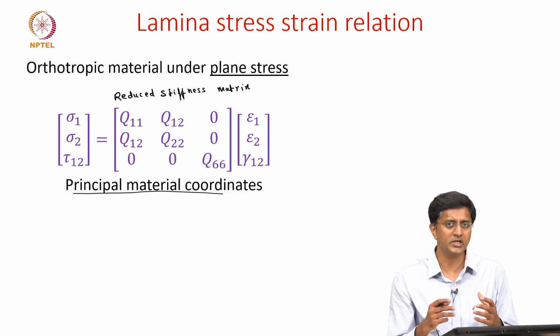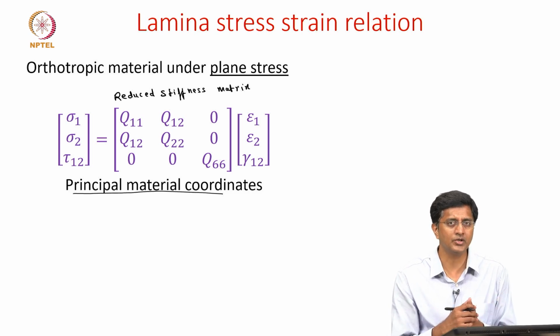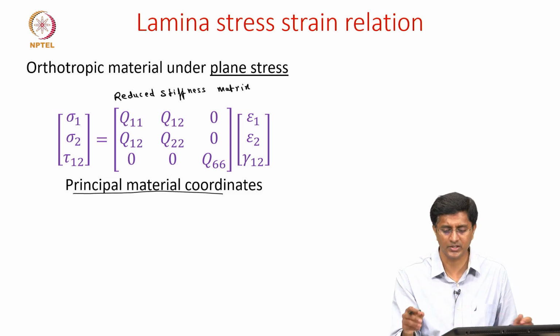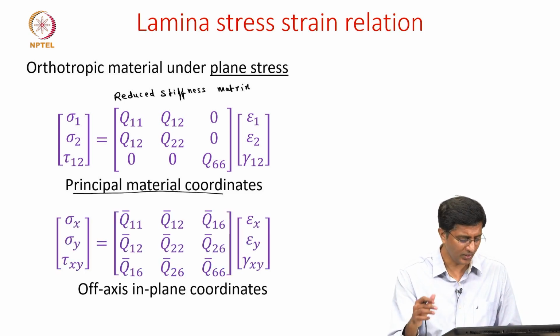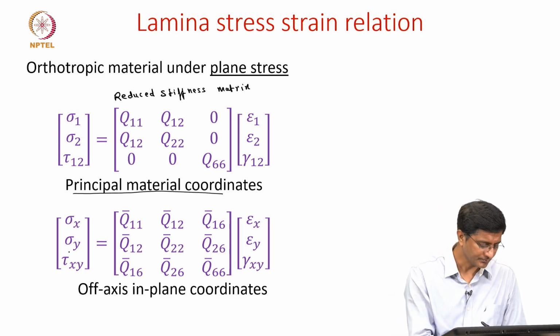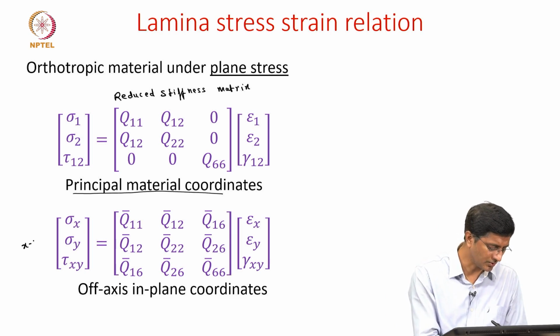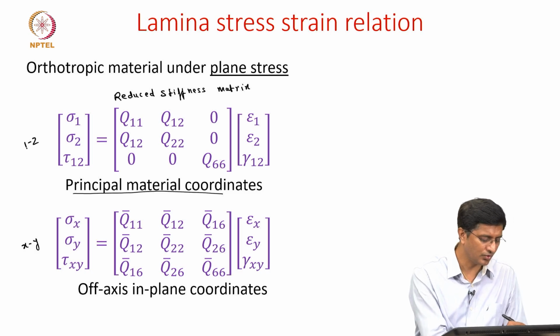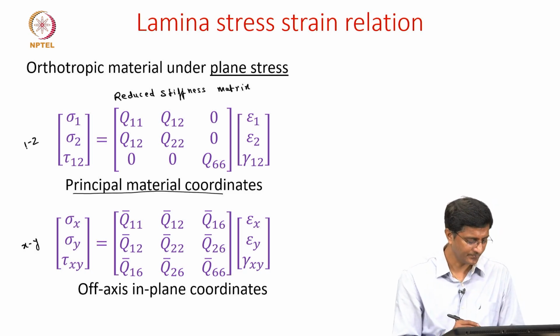But we see that more often it is not the case, meaning that there is an orientation angle theta. Once we have this orientation angle theta, how do we define the stresses and strains along these new directions? For that, we have used transformation matrices and showed the stresses in the body coordinates, written in terms of x and y, in contrast to the 1 and 2, which are the material coordinates.